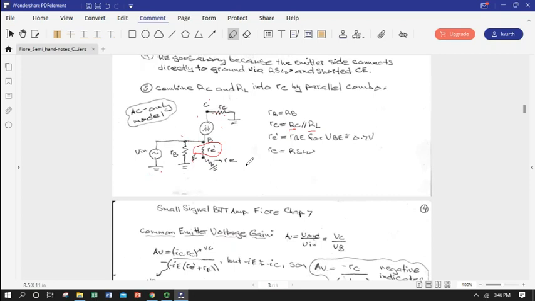It has a different slope, but it shares a common point with the DC load line at the Q point. So we know that our DC collector current and our AC collector current are common at that point.